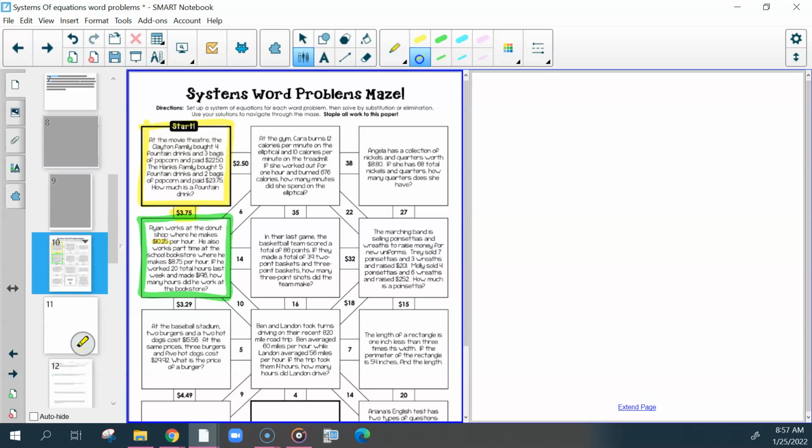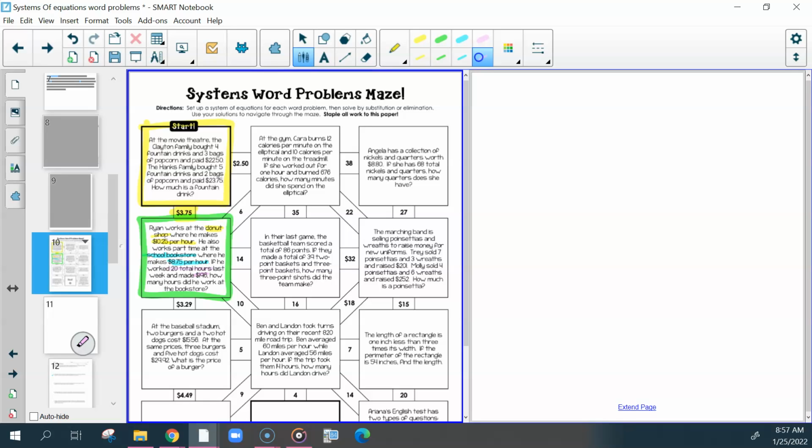And 8.75 for what? What does that represent? Oh, for the hour. The donut shop? And the bookstore? And you get 109.